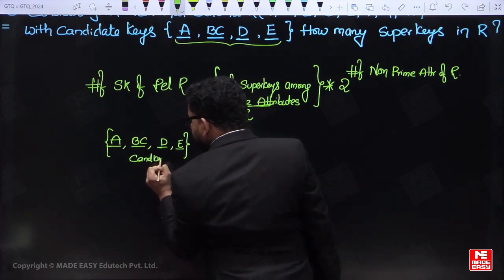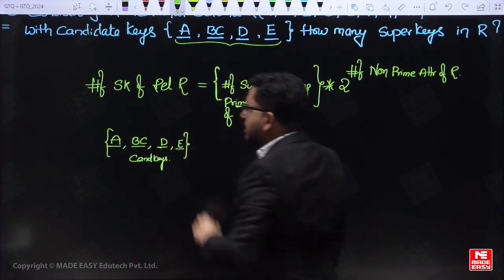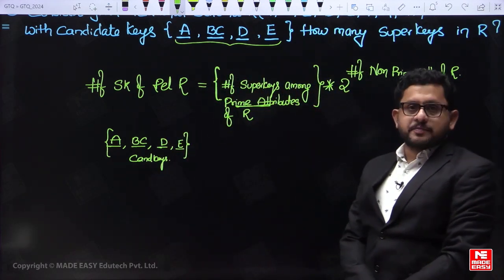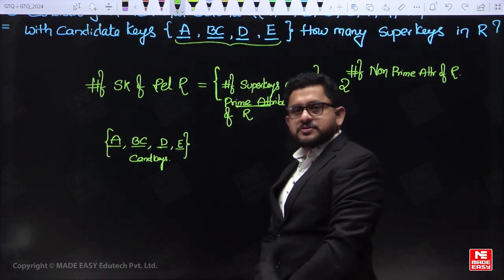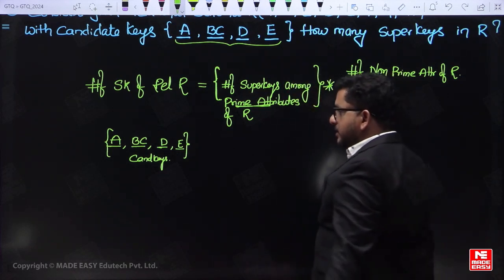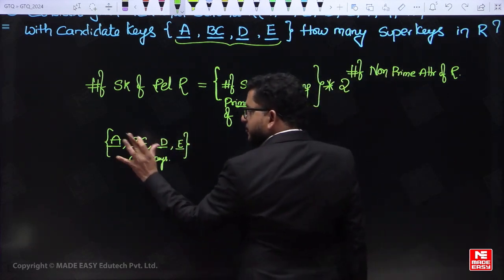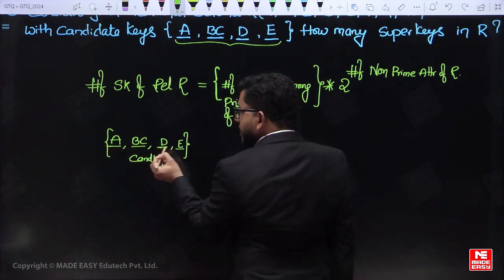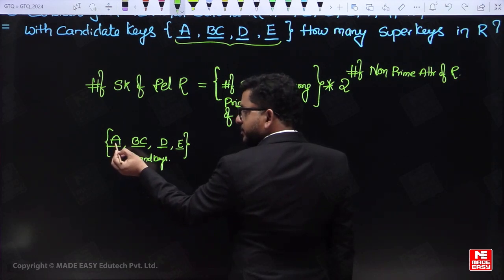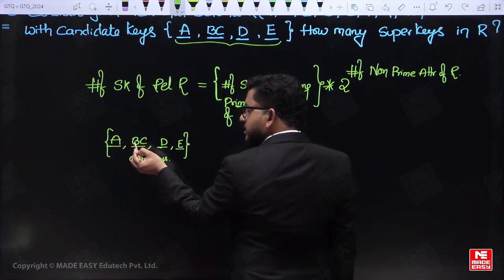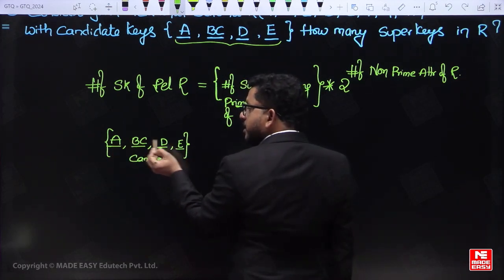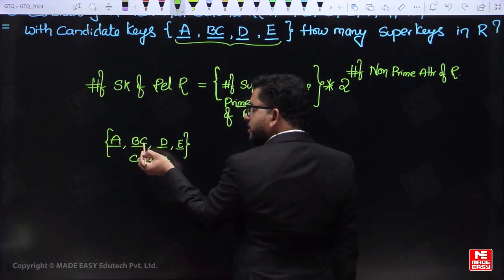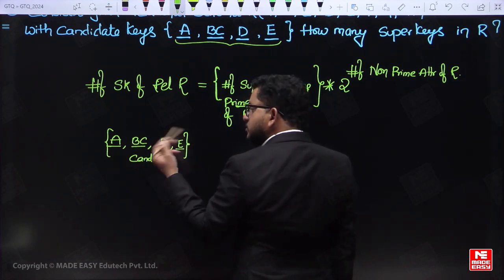Now we need to compute the super keys among these 5 attributes A, B, C, D, E. A, D and E are the simple keys. A combined with 0 or more attributes of B, C, D, E is a super key.